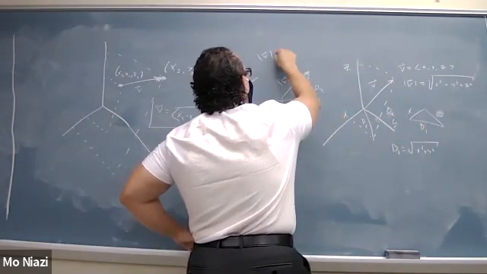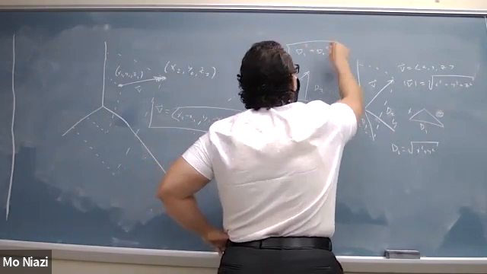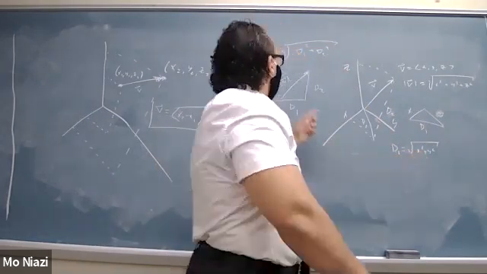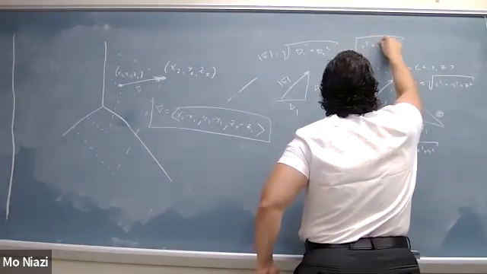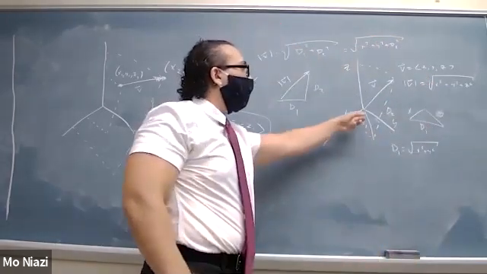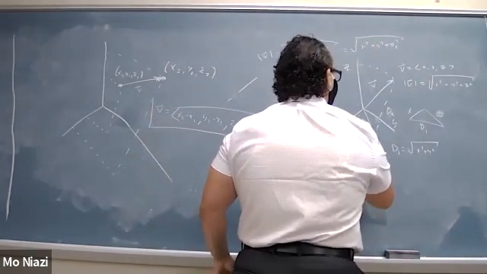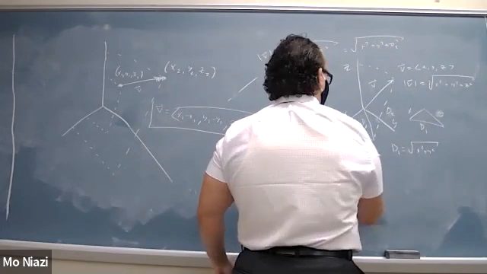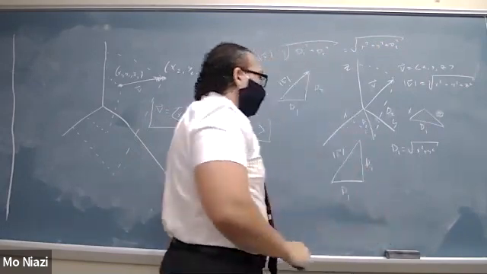So the magnitude of v, by the Pythagorean theorem, will equal the square root of d1 squared plus d2 squared. And d1 is this, so when we square it, we get the square root of x squared plus y squared plus d2 squared. Now all we gotta do is find d2. Notice that it is a triangle that has hypotenuse magnitude of v, upper d2, and over here your d1.